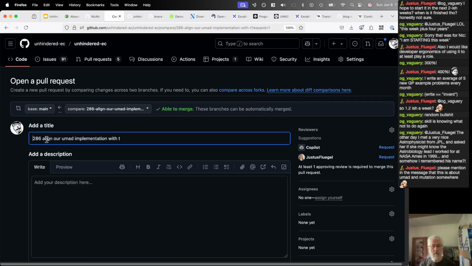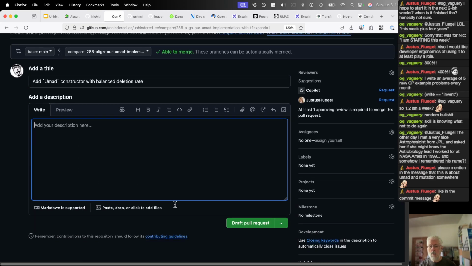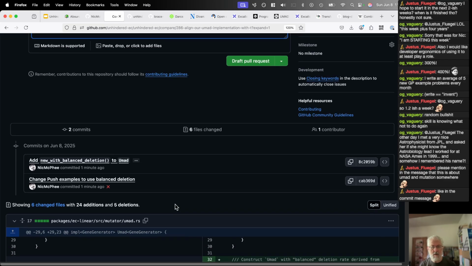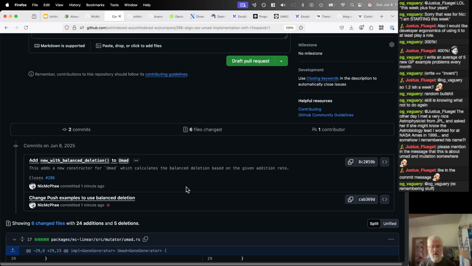Okay. So I think we'll just say add UMAD constructor with balanced deletion rate. Well, the commit message is gone now, unless I do force commits and stuff, because I did not get that. Oh well, no, it doesn't say mutation anywhere.